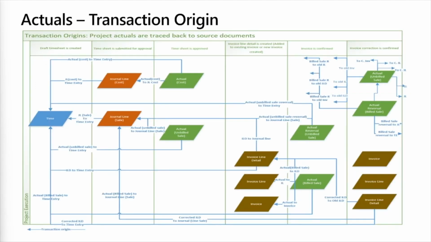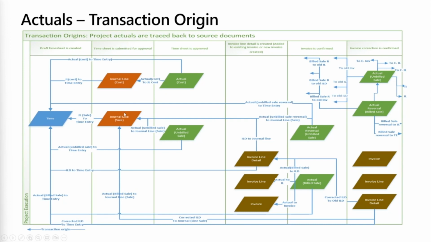From an actuals perspective, whenever time is being entered, previously we saw we are creating journal lines. Depending upon the billing method, if it's time and material, then we are creating the cost journal line as well as the sales journal line.